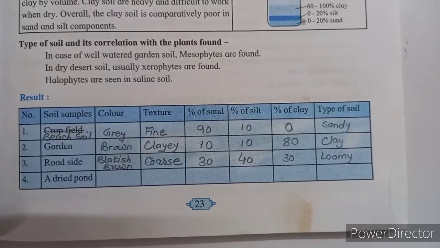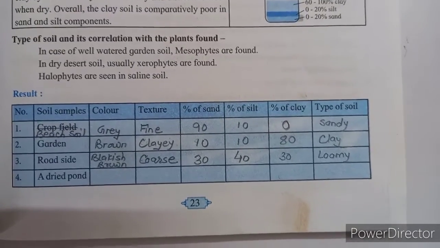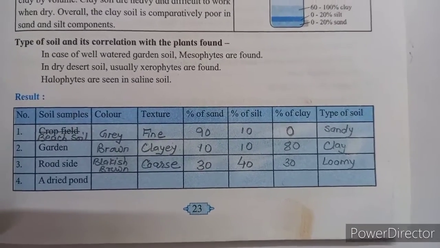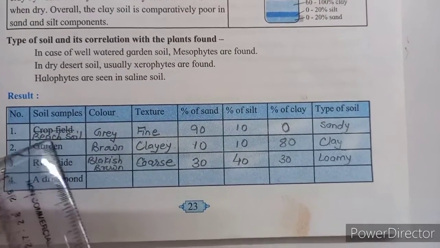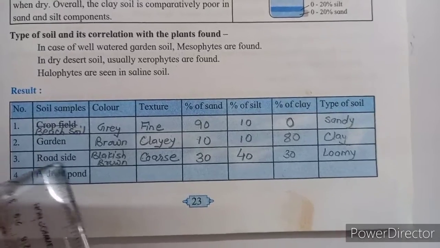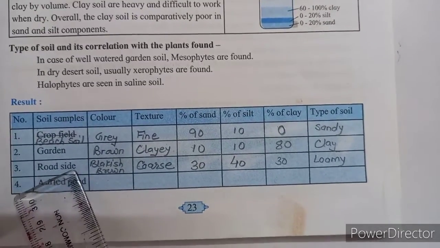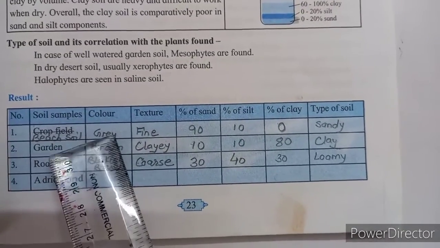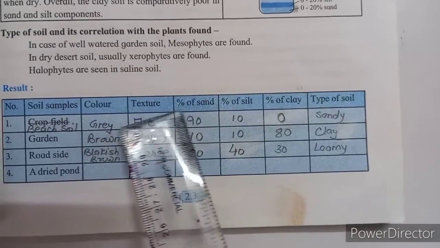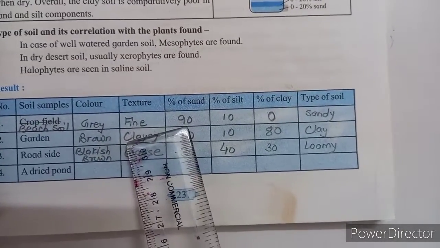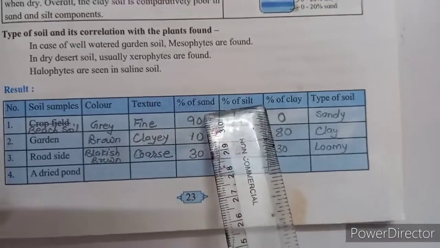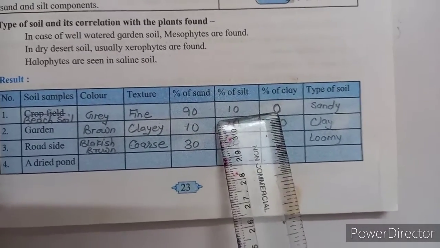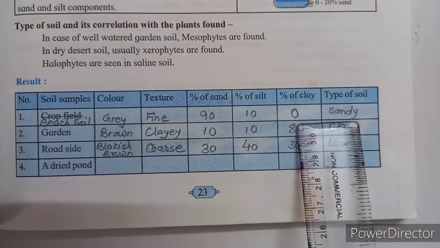Now after your experiment, you have to record your observation and write the result in your practical notebook. Here, as we had taken 3 soil samples, beach soil, garden soil and roadside soil. In your observation, beach soil color is grey, texture is fine, percentage of sand in beach soil is 90%, percentage of silt is 10%, percentage of clay 0%, and type of soil is sandy.